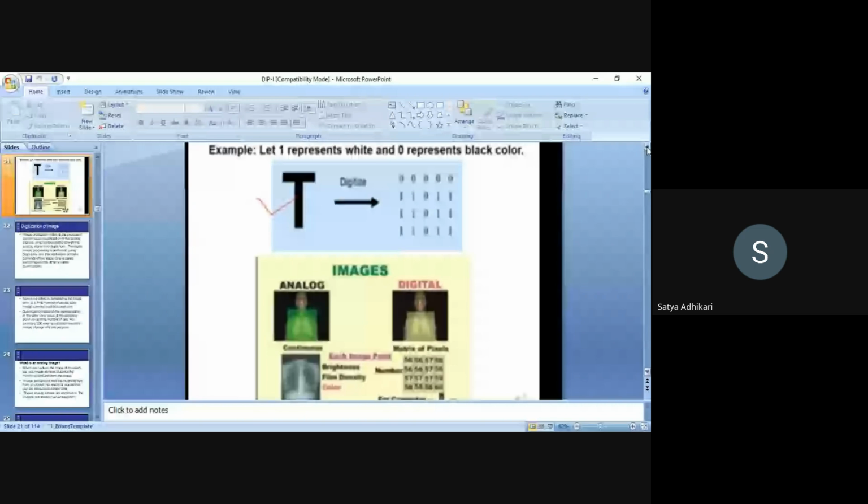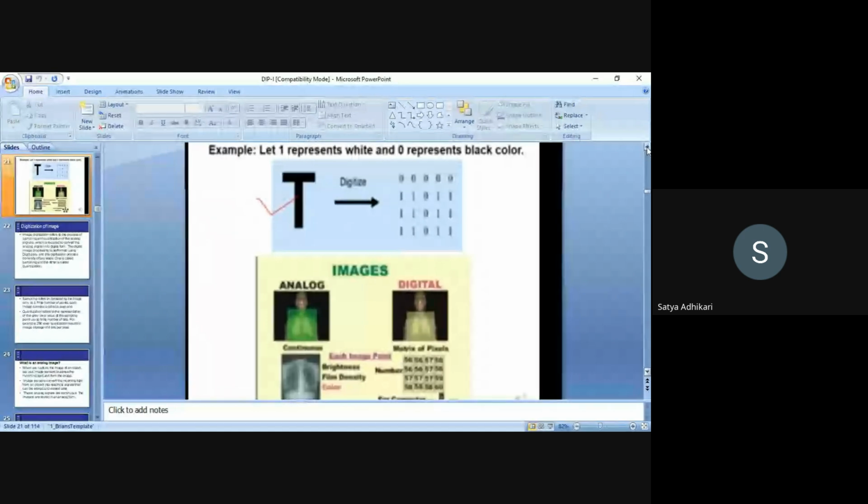When we convert it to digital, it stands for zero. You see the position of zero. It exactly looks like a T, which contains the black color, and the ones around it represent the other color. You will be more clear if we come to another image, an analog image and a digital image.